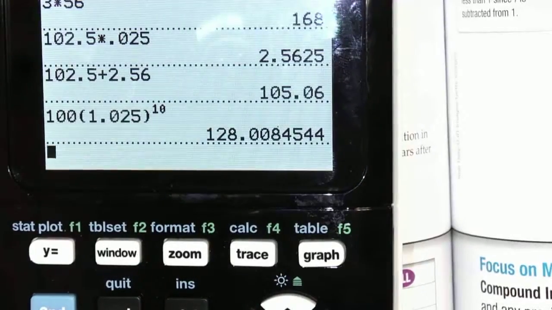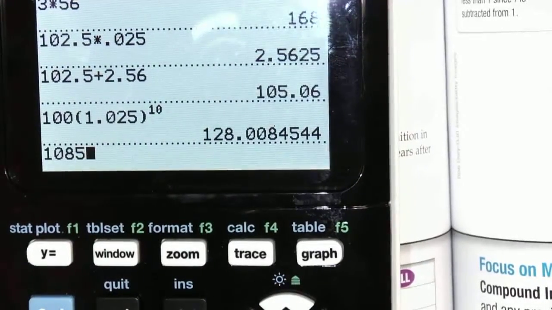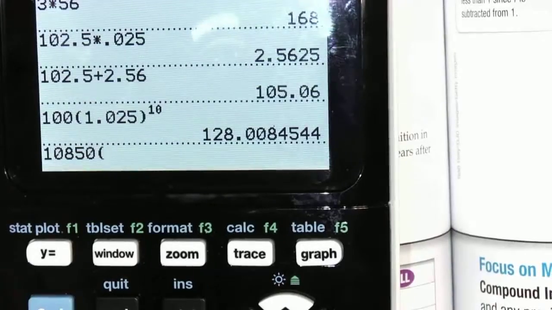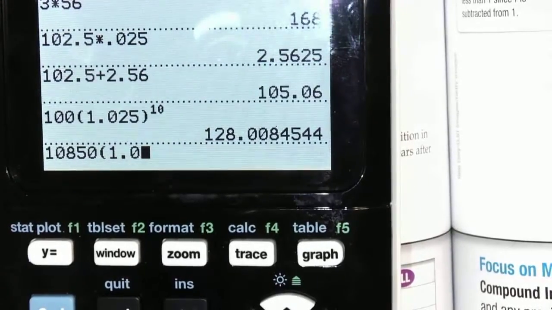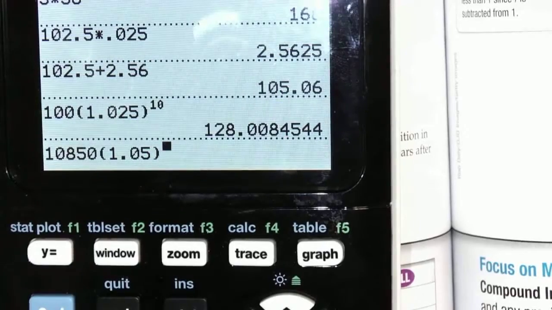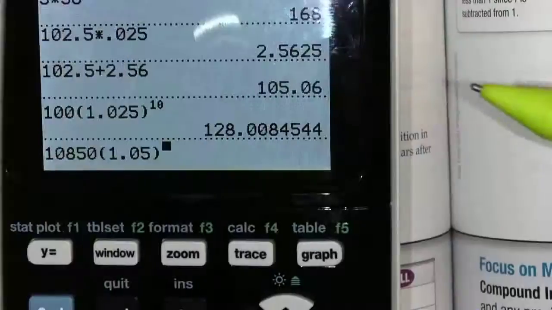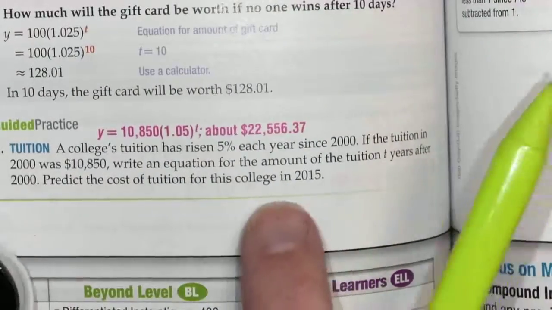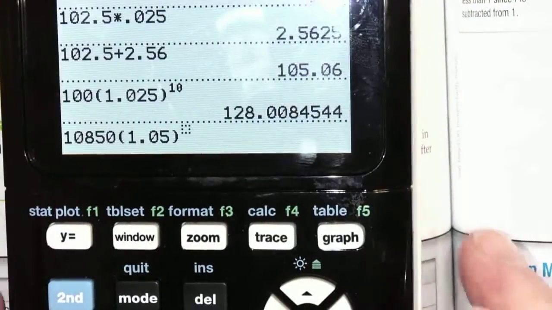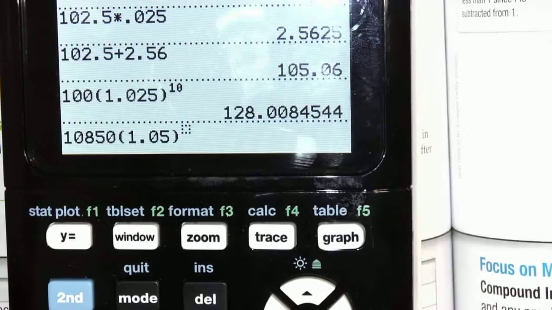So we're going to have 10,850 times 1.05 to the T power. So this is your first answer. So now it asks, how much will it be in 2015? Well, how many years are there from 2000 to 15? 15, right.